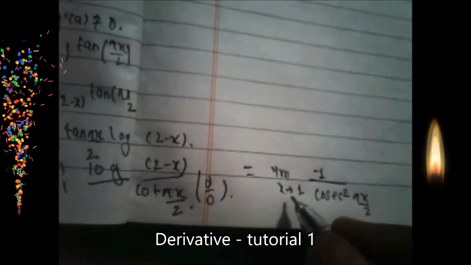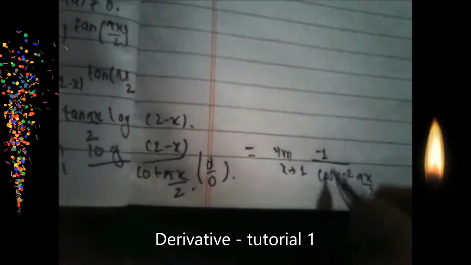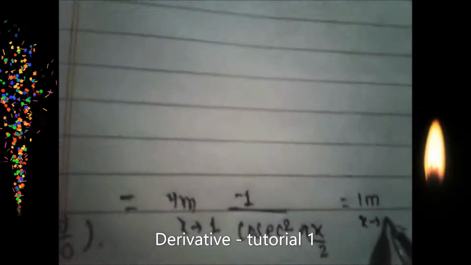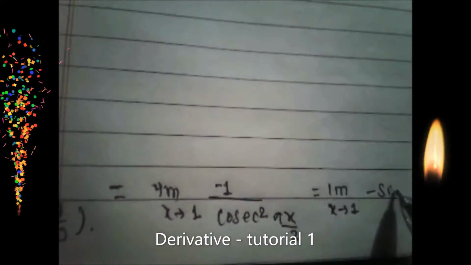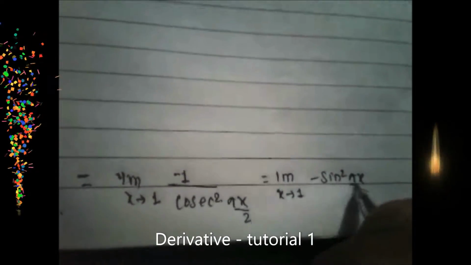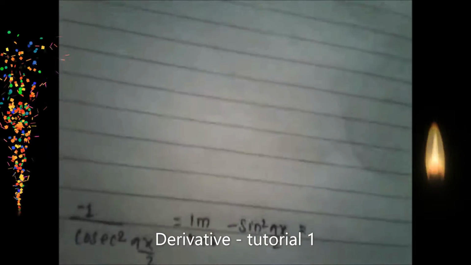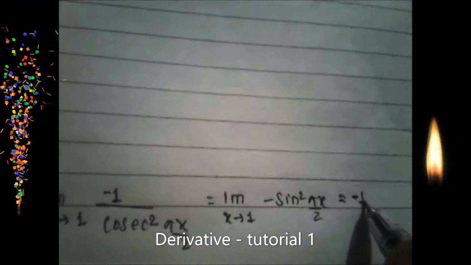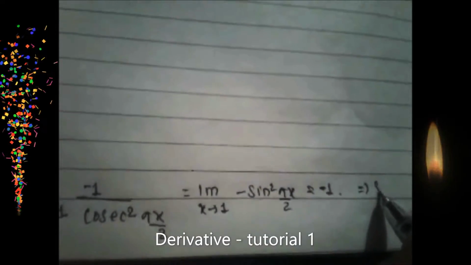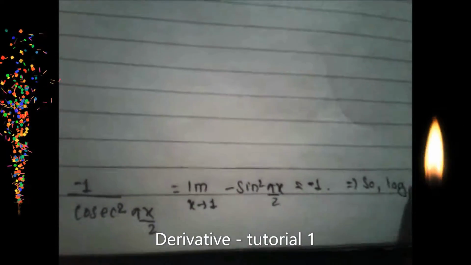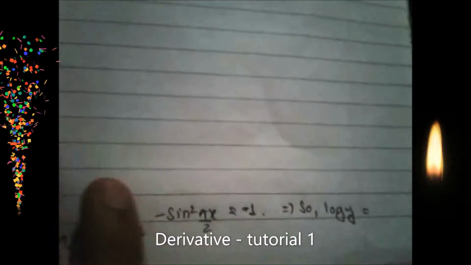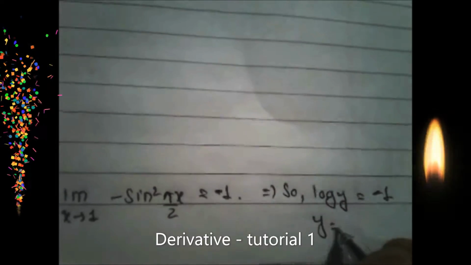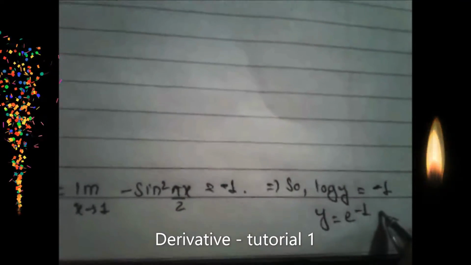Now we put the value of x as 1. This becomes limit x tends to 1 of minus sine square pi x by 2. When we put the value, it becomes sine pi by 2, sine 90 is 1, so we get minus 1. So log y is equal to minus 1, so y is equal to e raised to the power of minus 1, which is our answer.